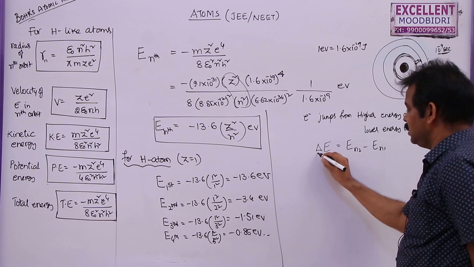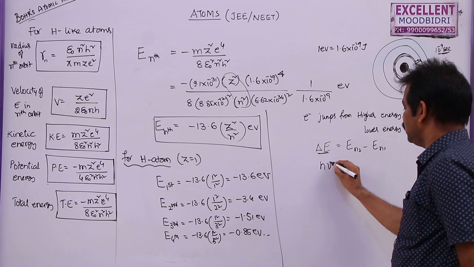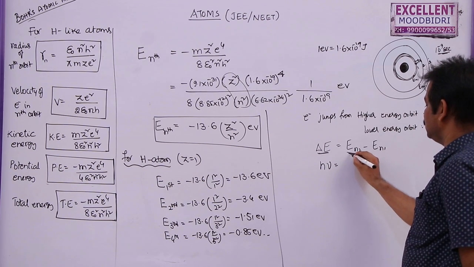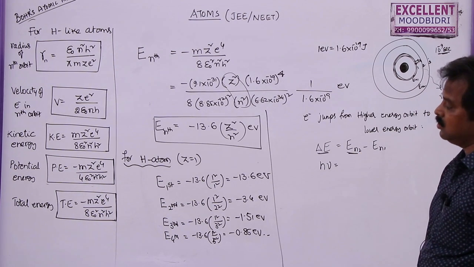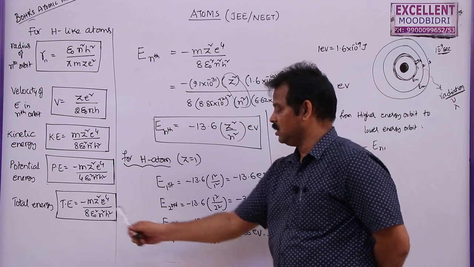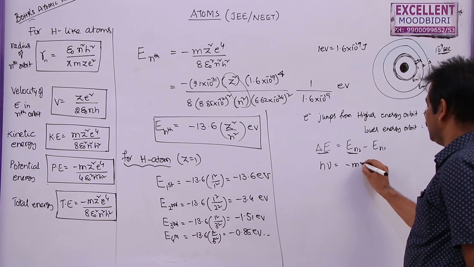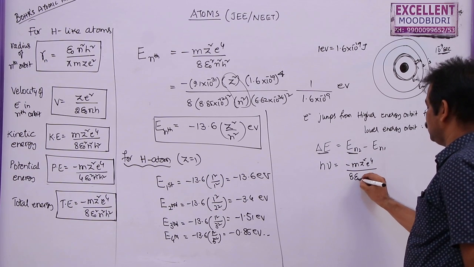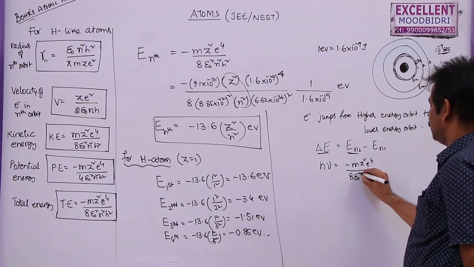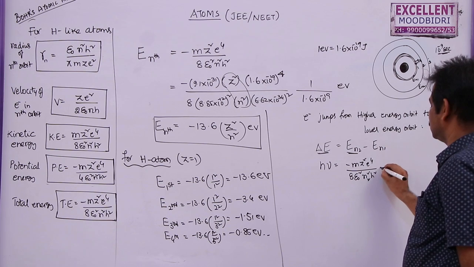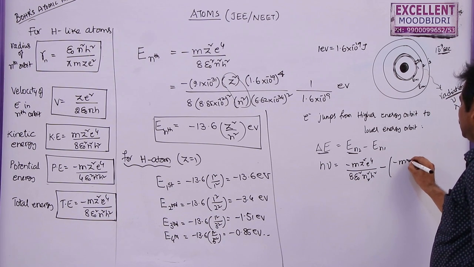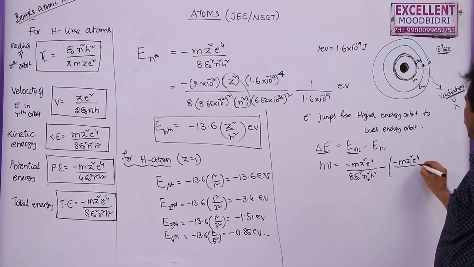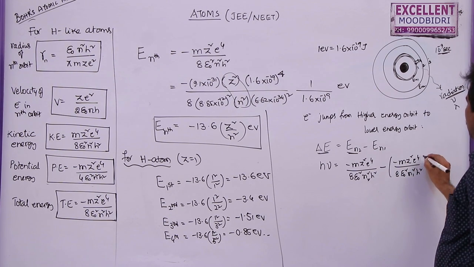So, this energy difference is given by h nu, which is equal to the energy of the electron in the nth orbit. So, I will write this equation: minus m z square e power 4 by 8 epsilon naught square n2 square h square, minus minus m z square e power 4 by 8 epsilon naught square n1 square h square.